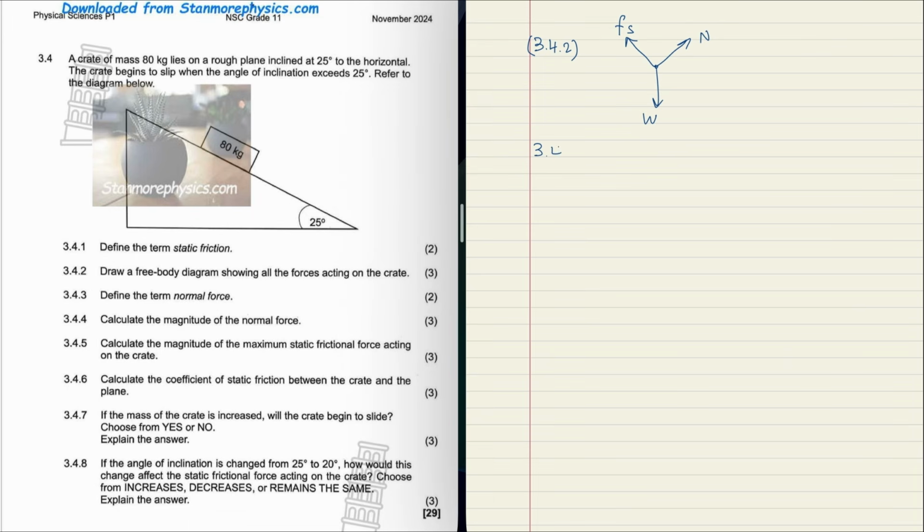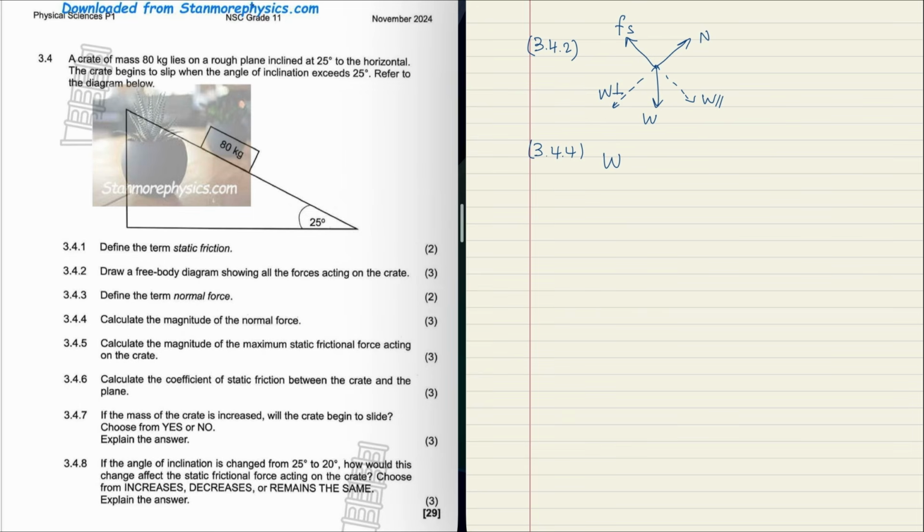Question 3.4.4, calculate the magnitude of the normal force. Now, this weight is going to have two components. It's going to have a W perpendicular, and it is going to have a W parallel. So the W perpendicular is going to equal the normal.